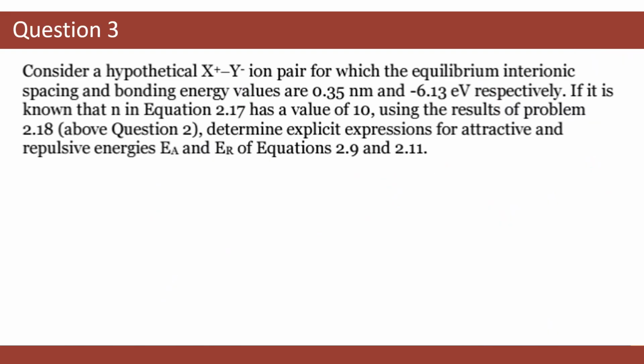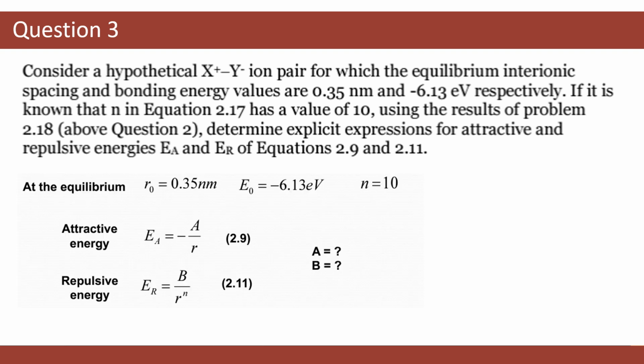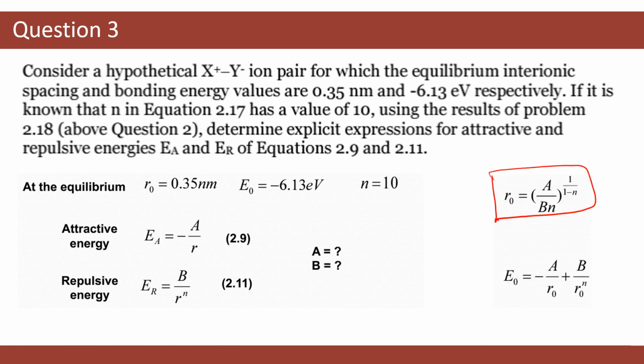That's what we have in question number 2. But if you go to question number 3, so in question number 4, actually, we found these ones. Am I right? This is the finding of question number 3. So when the energy is minimum, you have R naught like this and E naught like this.